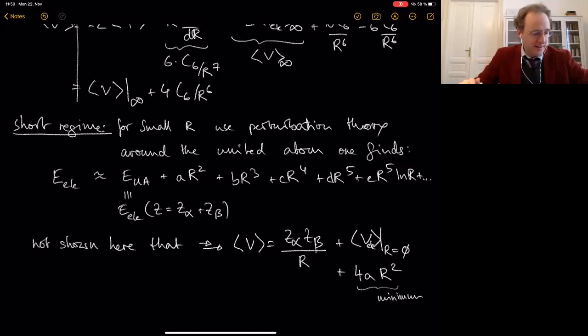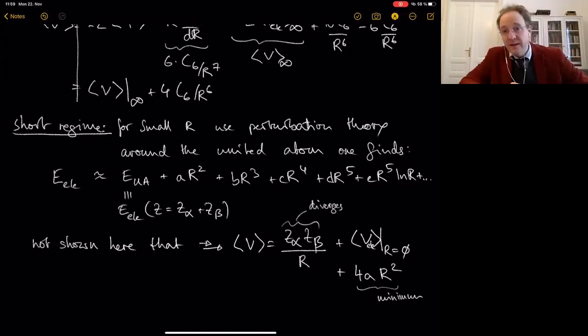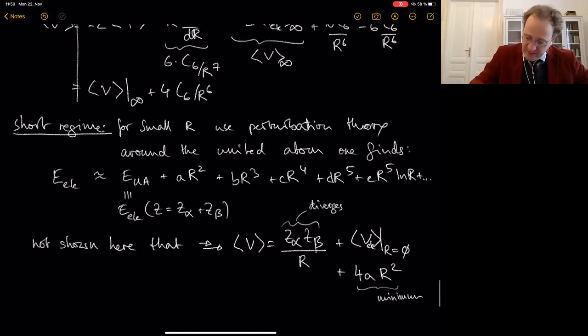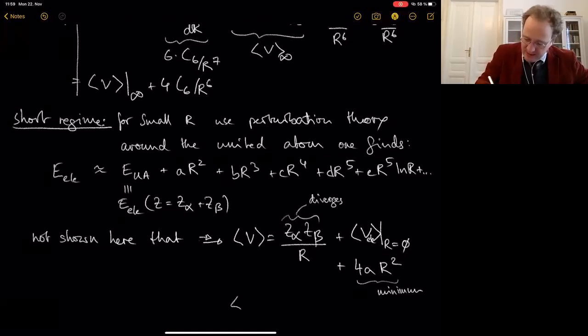and but this term here diverges, and that divergence will take over. So this minimum does not survive, but for the kinetic energy, it turns out that you have the L of R equals 0.